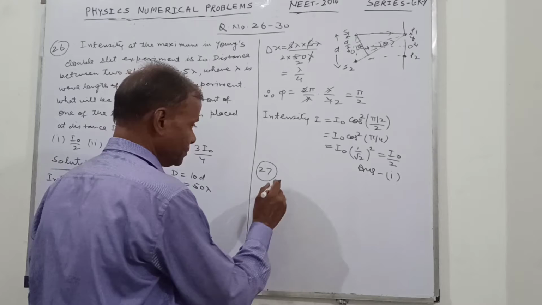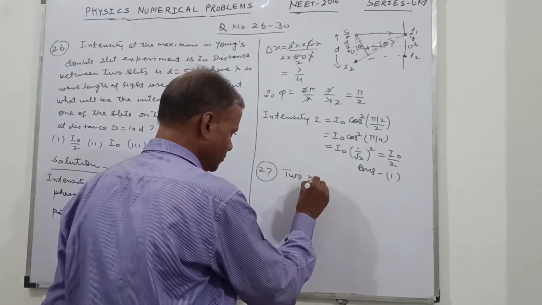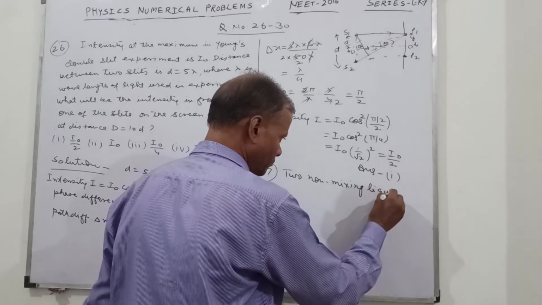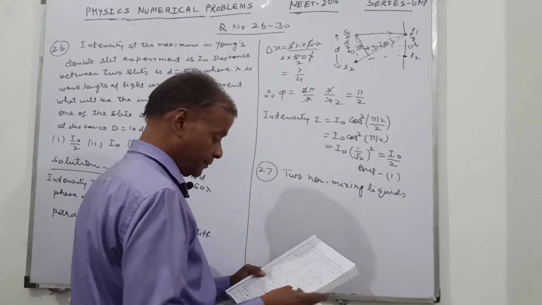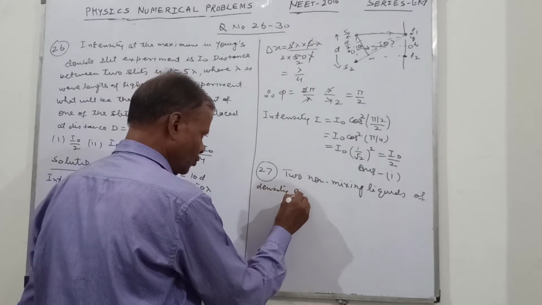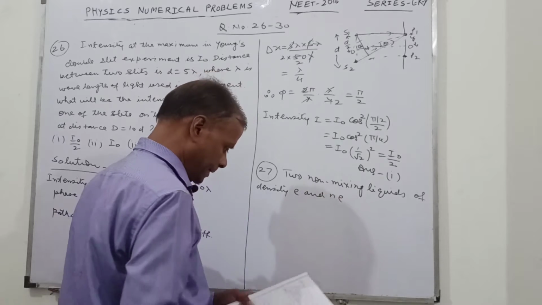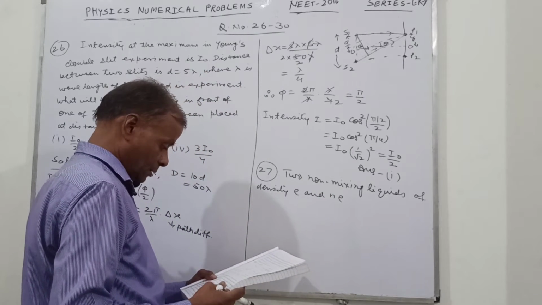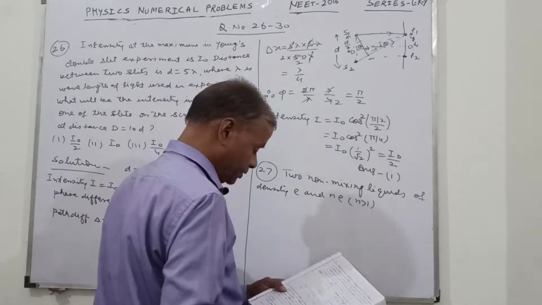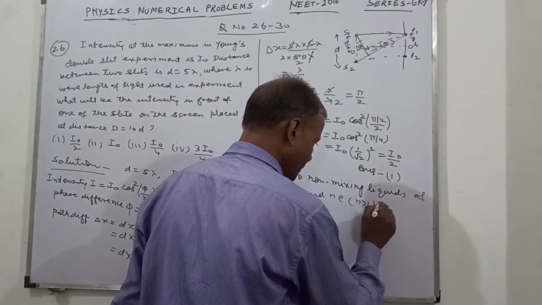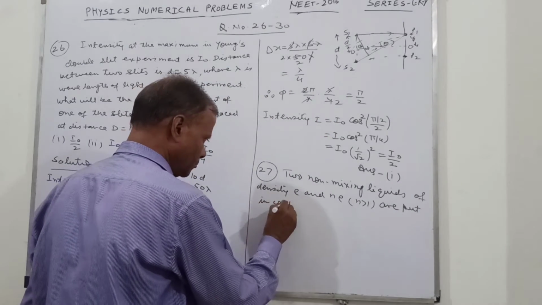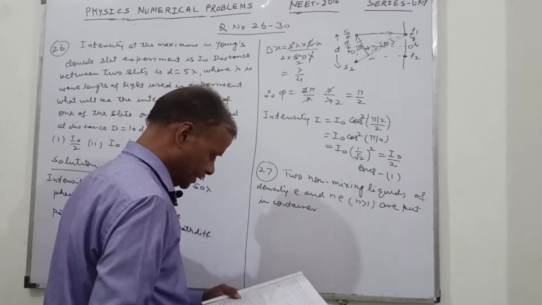Two non-mixing liquids of density rho and n rho, n greater than 1, are put in a container.